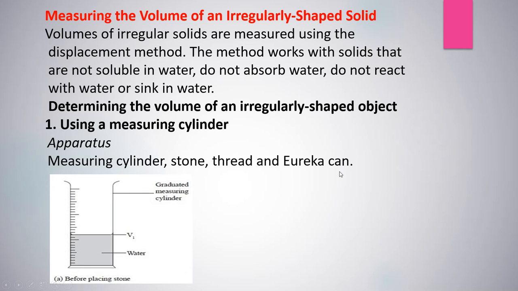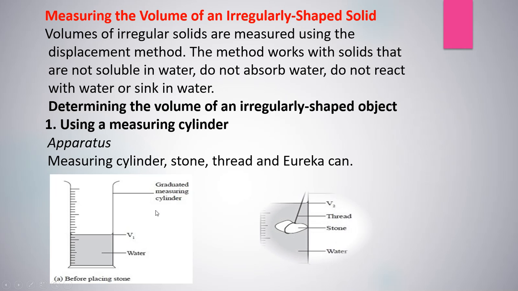Before placing the stone, water is poured in a measuring cylinder, and the value of its volume is read. Let's call it V1.